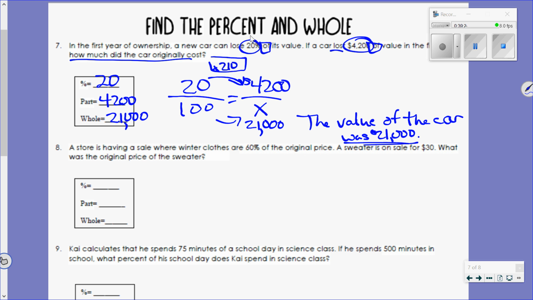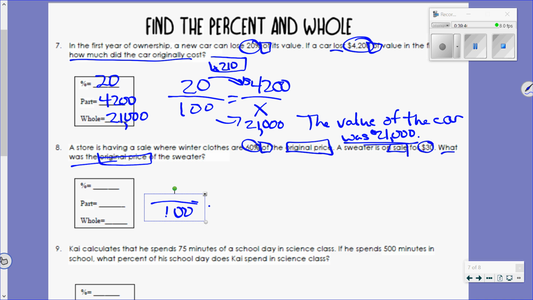Next one, store having a sale at 60% of the original price. A sweater is on sale for $30. What was the original price? So again, start with your basic frame. What was my percent? 60. Of the original price. Do I know the original price?